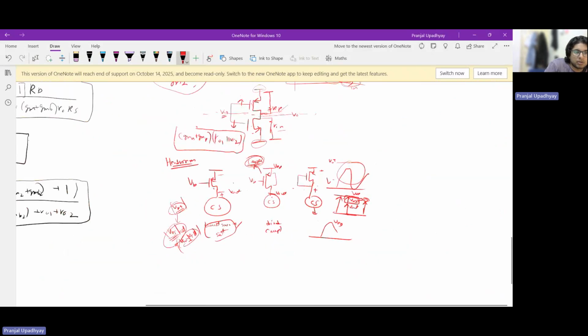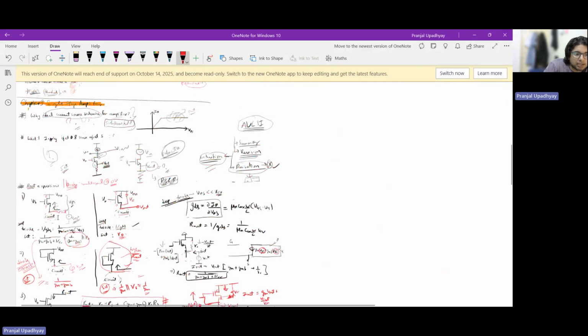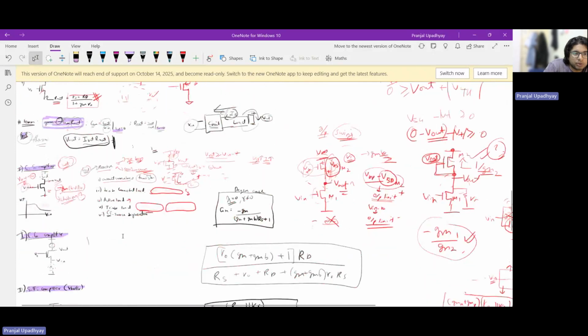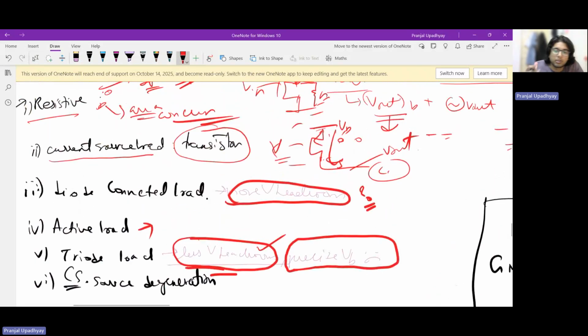And that's what I have already written as a point of reference for me: in triode load, the voltage headroom consumption is less, but the generation of VB or bias voltage is hard, which is also hard for current source load, that this bias voltage generation is typically hard for us. And here, more voltage headroom is consumed, which is a problem typically for any saturation based load.